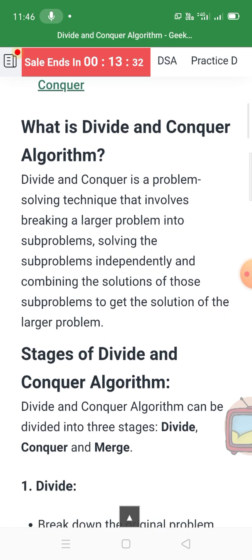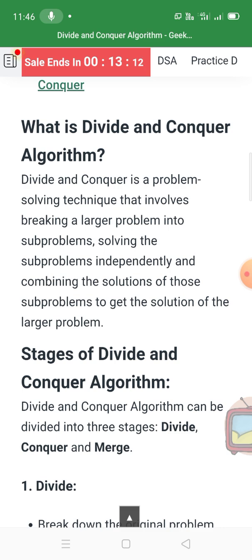What does the divide and conquer algorithm mean? It's a problem-solving technique. The larger problem is subdivided into sub problems, the sub problems are solved independently, and the solutions of those sub problems are combined to get the solution of the larger problem.